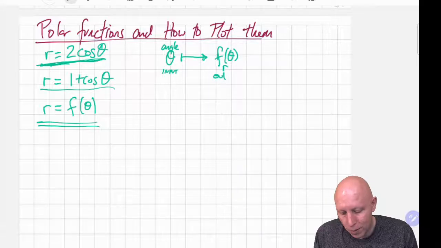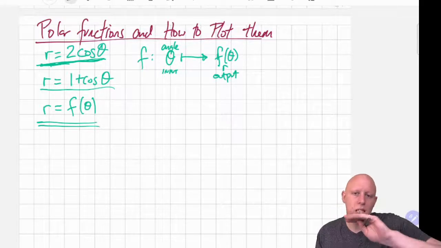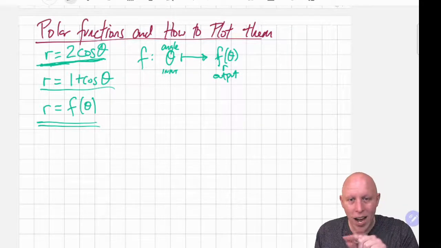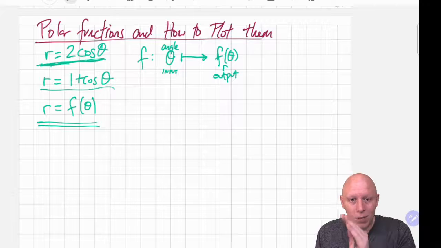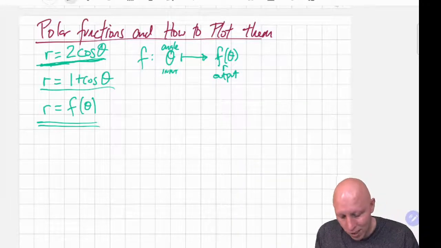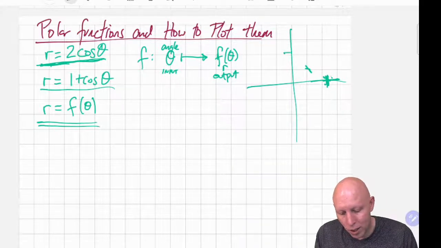We're taking the angle as the independent variable, and the dependent variable is the radius. For different values of theta, we have some distance r that corresponds to it in the picture.